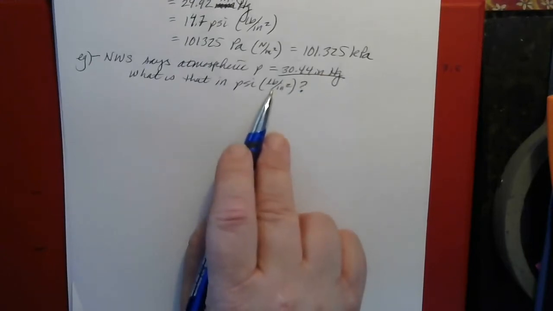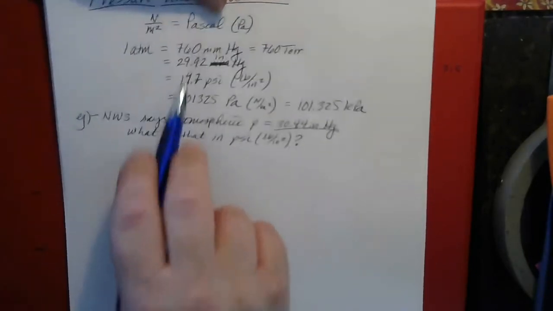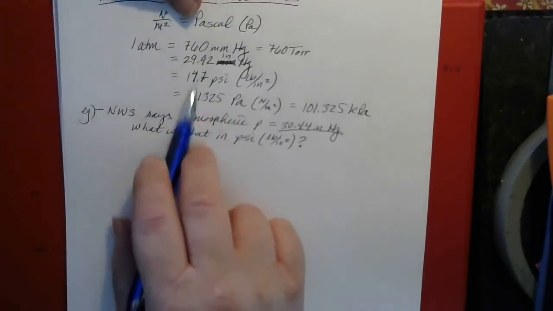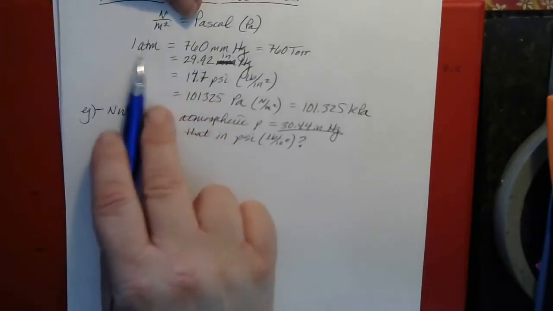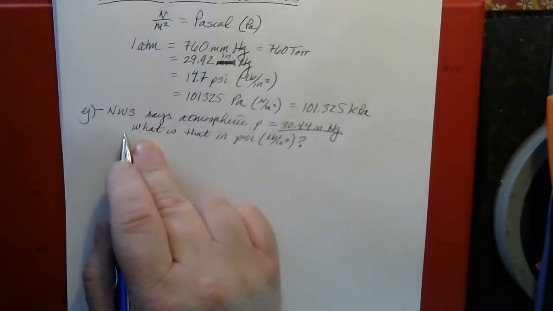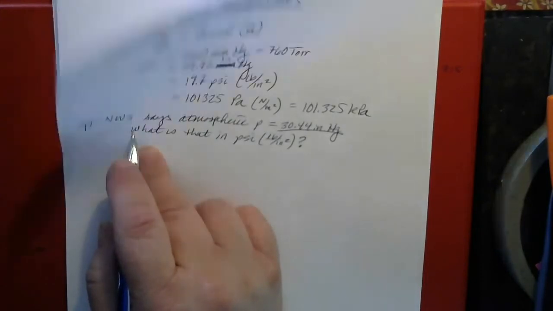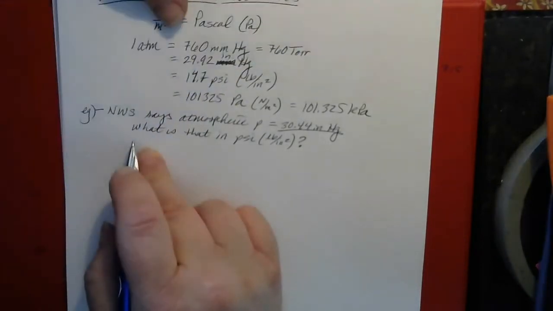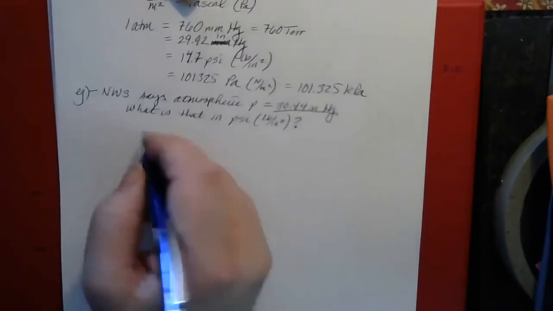Okay, so we have our relationships here, all of these quantities are equal to 1 atmosphere. So when you get a unit of pressure and you want to change it to some other unit, the first thing you'd probably want to do in most cases would be change it to atmospheres.